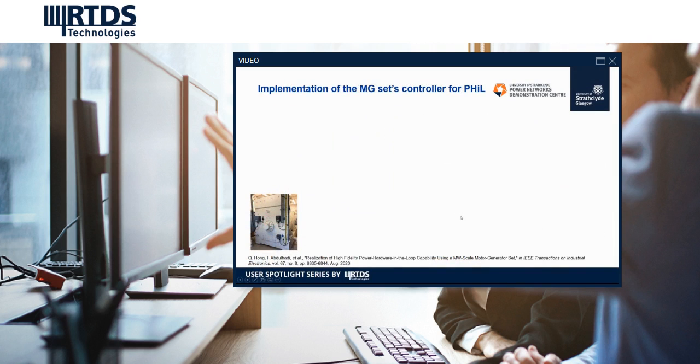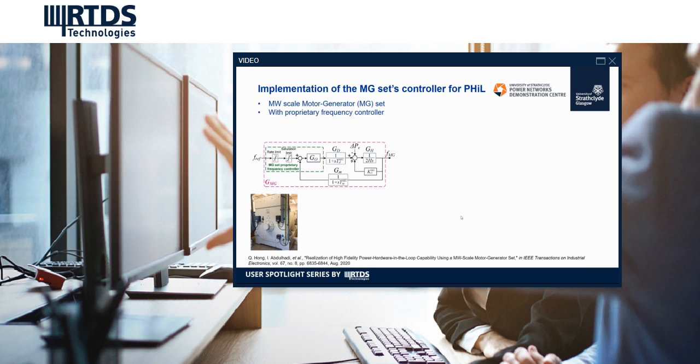As Ibrahim mentioned, the MG set we use is a 1 MVA generator driven by a 5 MVA motor. Compared with inverters, using an MG set for power hardware in the loop is more challenging in that it has a much slower response due to the rotating inertia. The MG set we use is equipped with its own proprietary frequency controller, as shown in this block diagram.